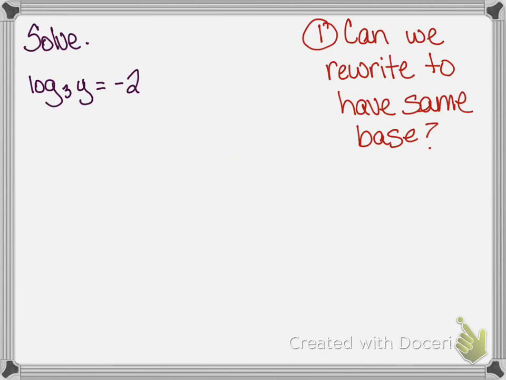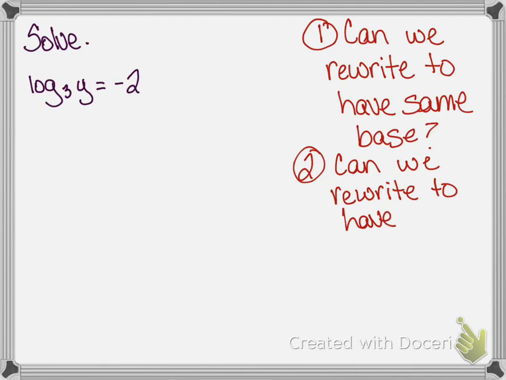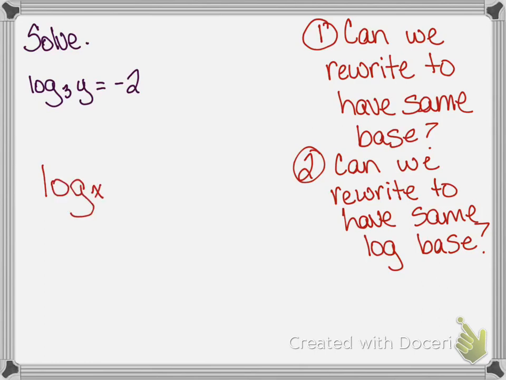The opposite of that is also true. Can we rewrite to have the same log base? Okay, so let me tell you what that would look like. If I have log base x of a equal to log base x of b, what do I know about a and b?